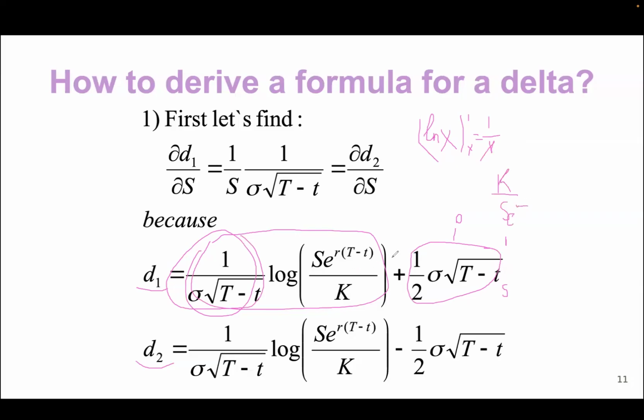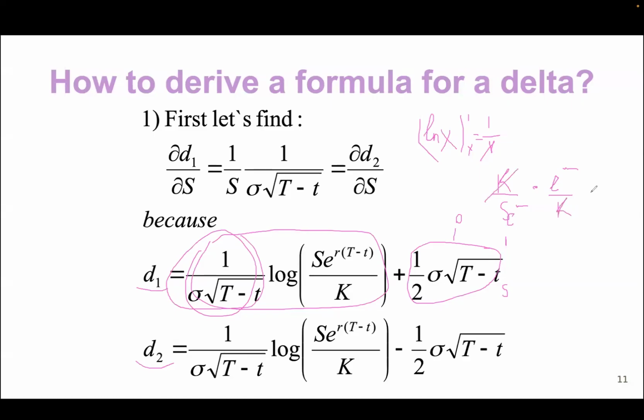But it's not a simple function, so we need to multiply. Multiply by e to the power of r times minus t, and divide by K. Yes, you're right.